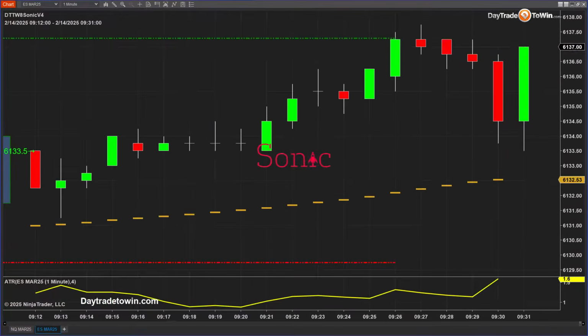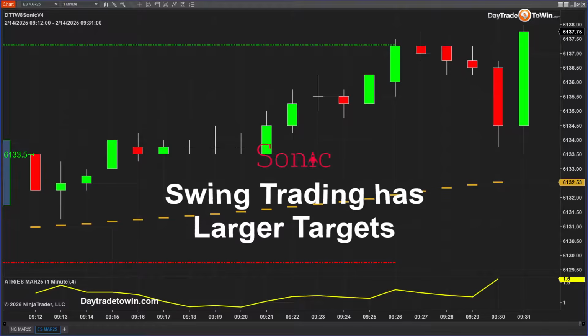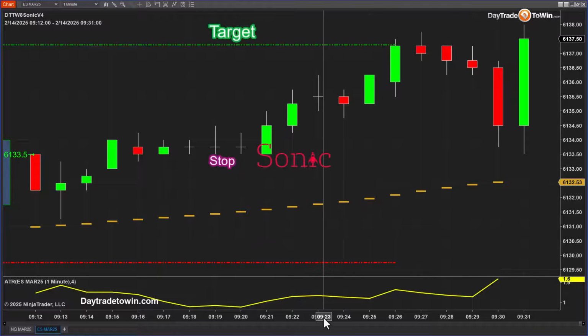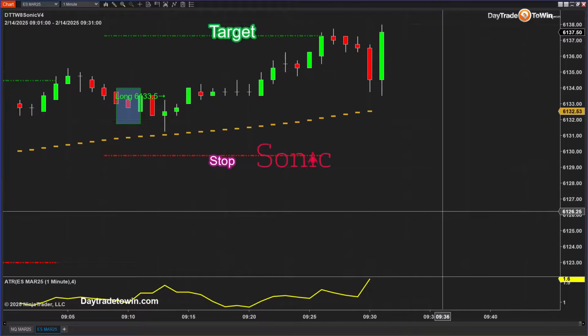So really, you're not supposed to be in a trade for an hour. This is scalping, right? It hits the target, we're out of the trade, finished, it resets itself, and looks for a new trade. So every trade is based on the target and the stop, and you can configure how small or how large the target is.